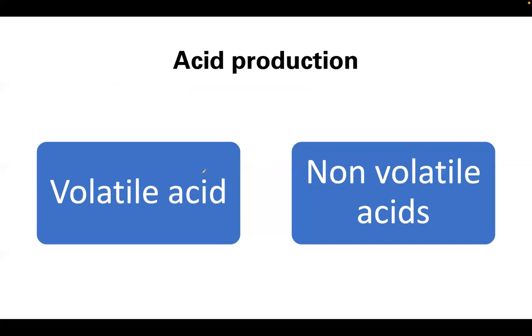Now, in the concept of acid-base physiology, everything begins with the idea of acid production. There are basically two types of acids which you have to be familiar with when it comes to human physiology. The first is the volatile acid.